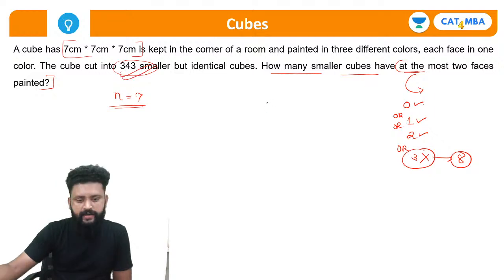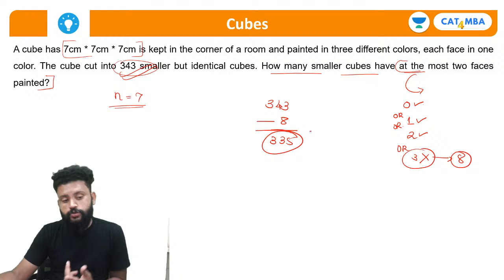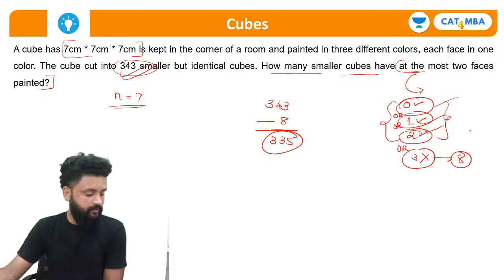So 343 except these 8, 335 cubes will have at most 2. At most 2 means 2 will also work, 1 will also work and 0 will also work. So that's the part which you need to interpret right, and then you can solve it.